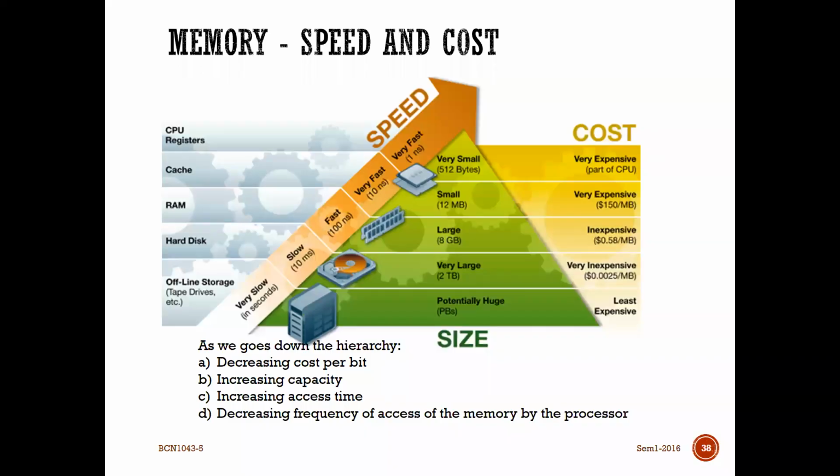Memory speed and cost. Hard drive is inexpensive. RAM is very expensive. Cache is very expensive, part of the CPU. CPU registers are very costly. When you want to buy a laptop or computer, I suggest you first find a suitable CPU.